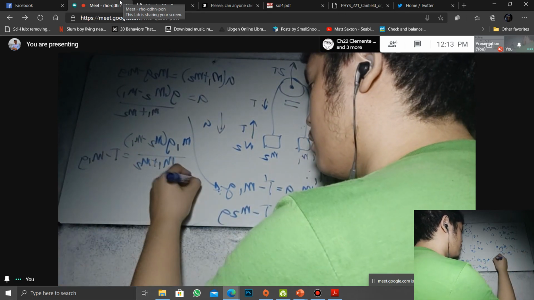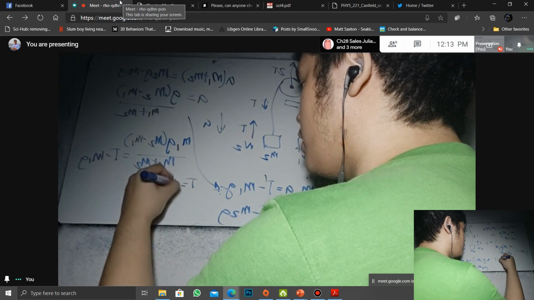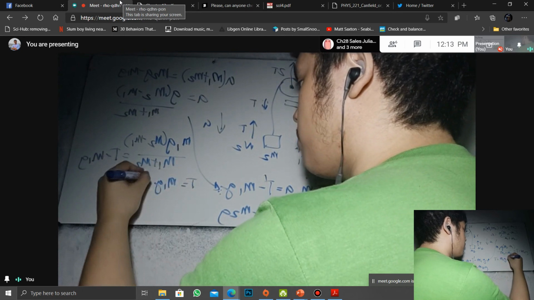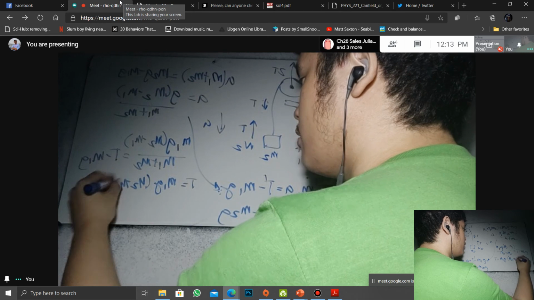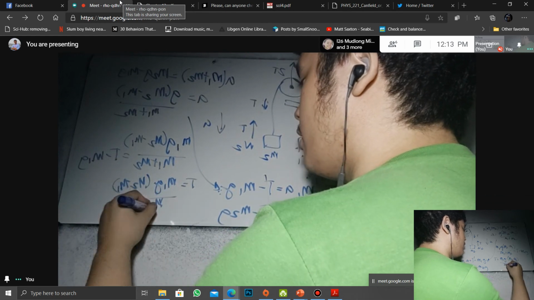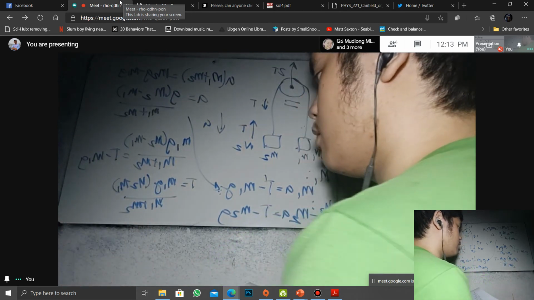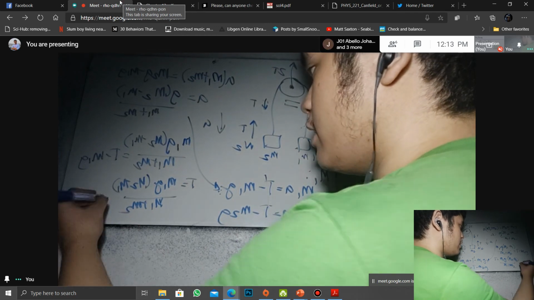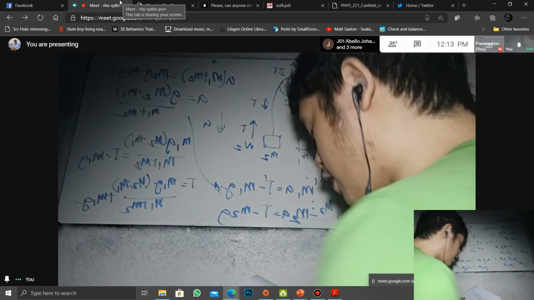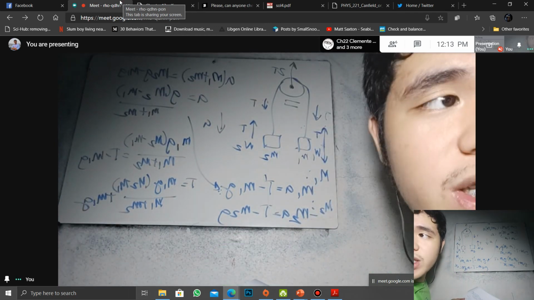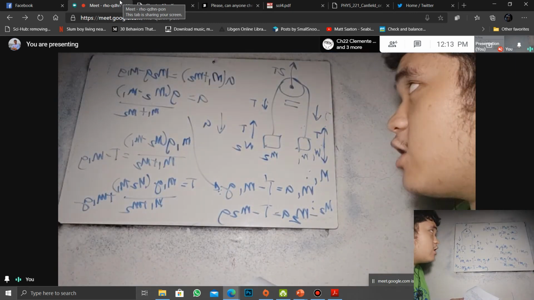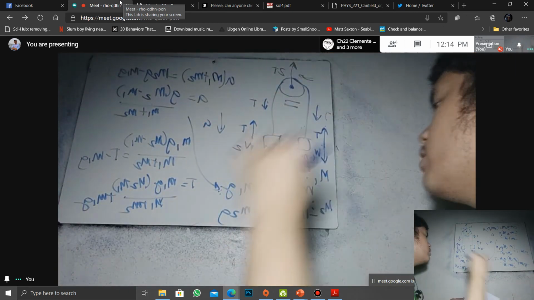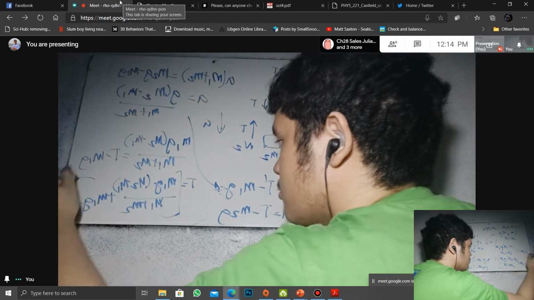T equals m1g times m2 minus m1 over m1 plus m2 plus m1g. Now, we just need the tension here. Isn't that the question, the tension here? So, times 2.